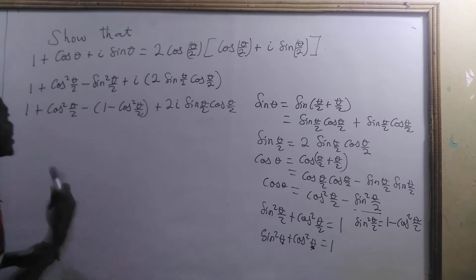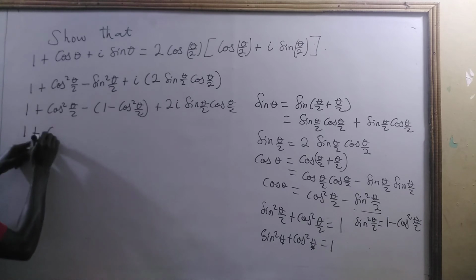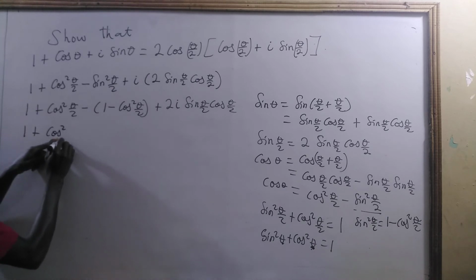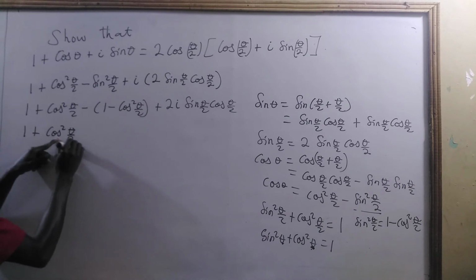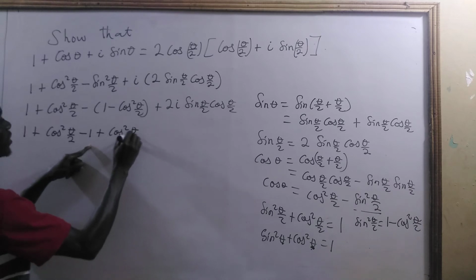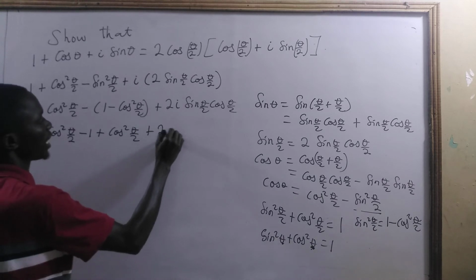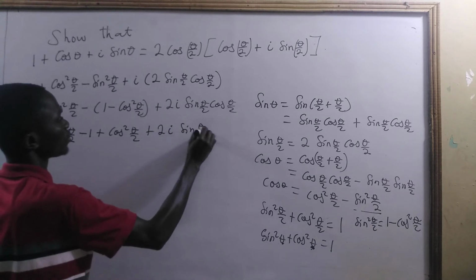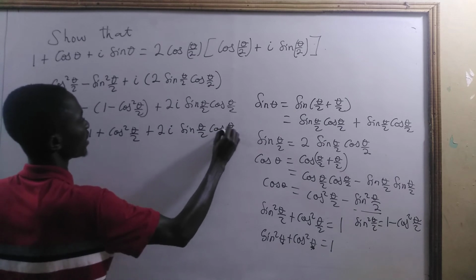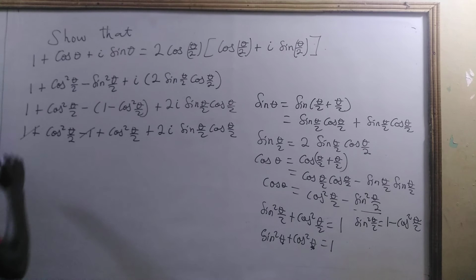Now, this is the same as 1 plus cosine squared of theta on 2 minus 1 plus cosine squared of theta on 2, plus 2i sine of theta on 2 cosine of theta on 2. And this will cancel that.